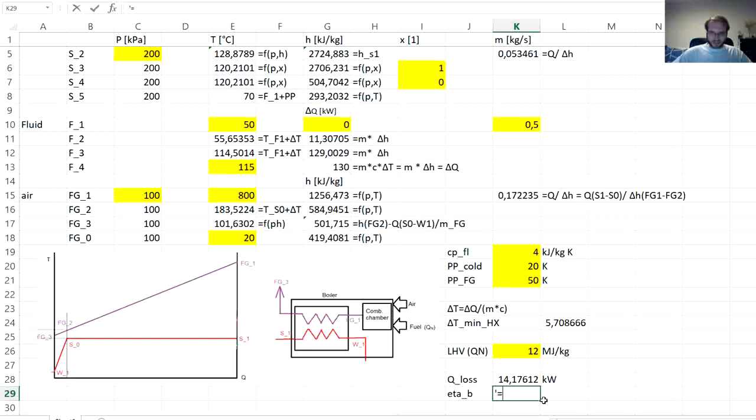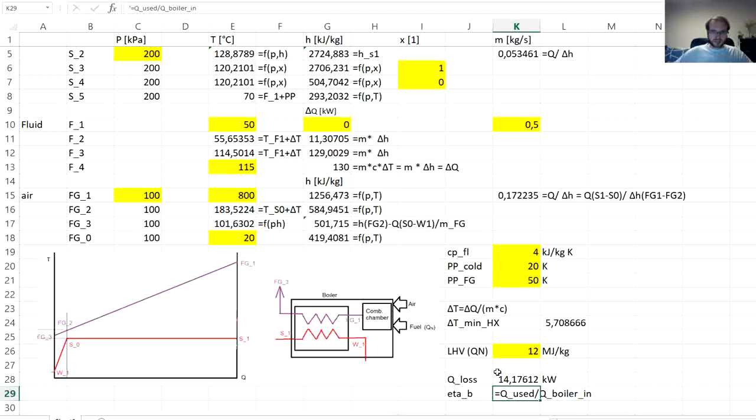So in our case, it's the amount of heat that is used divided by the heat that needs to enter the boiler. So let's call it Q boiler in.